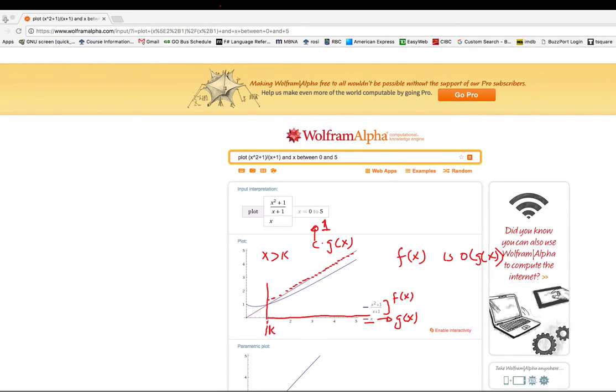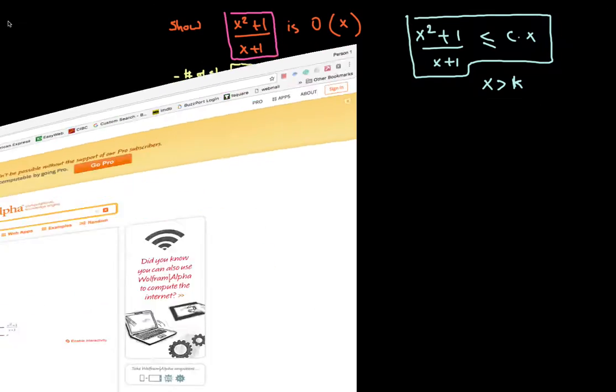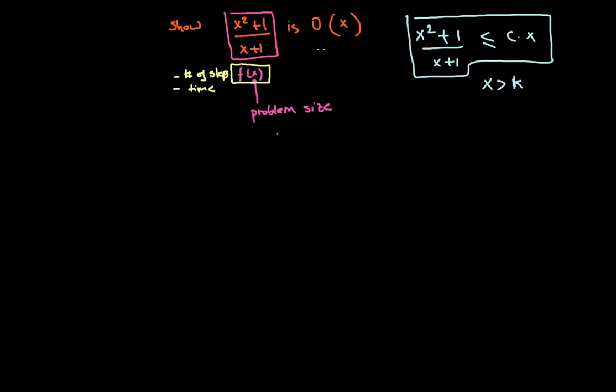Let's go back to our statement and minimize this. Now I'm just going to rewrite this as (x squared + 1)/(x + 1) is less than or equal to c times x. Now let's divide both sides of this inequality by x.